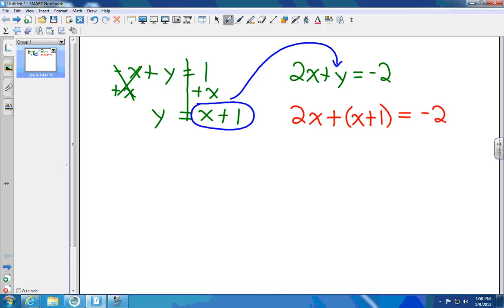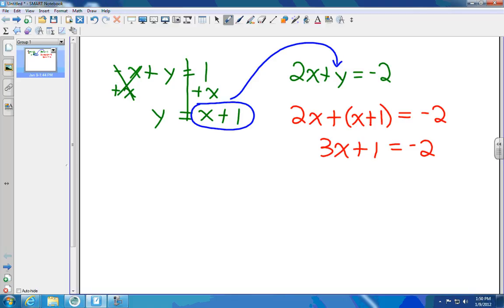So we have 2x plus x, which is 3x. And we still have the plus 1 equals negative 2. So now we have to get the x by itself.